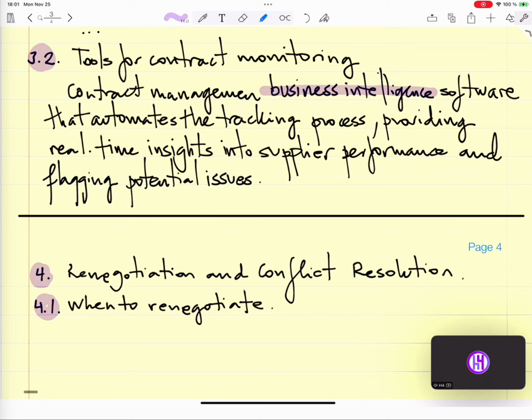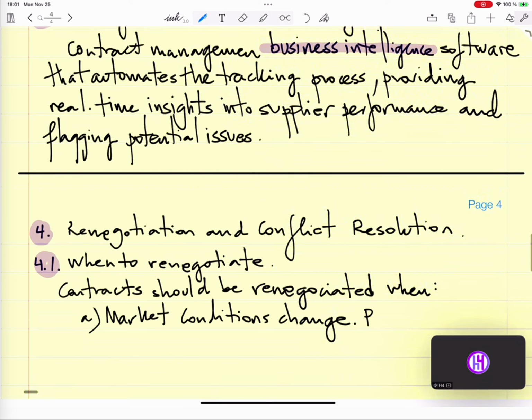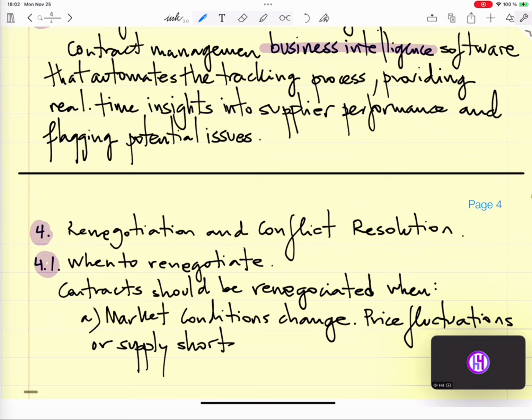Okay. So contracts should be renegotiated when: A, market conditions change, so for instance, price fluctuations or supply shortages, okay, may require adjustment.